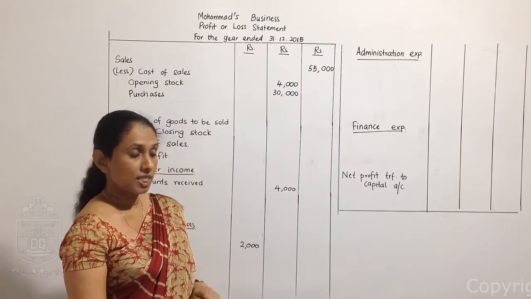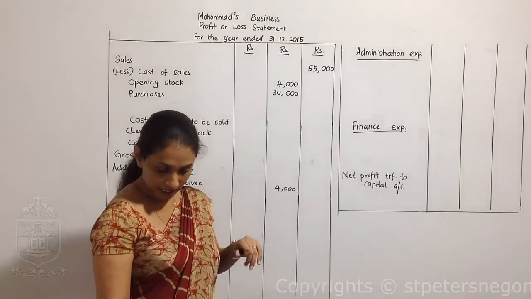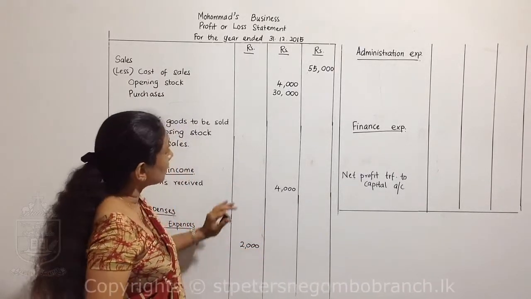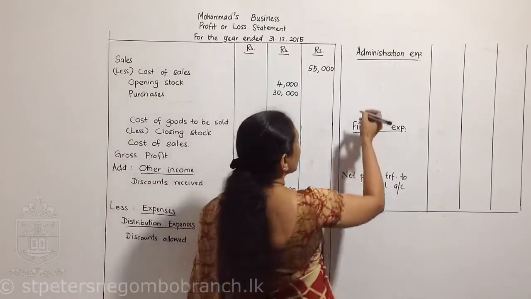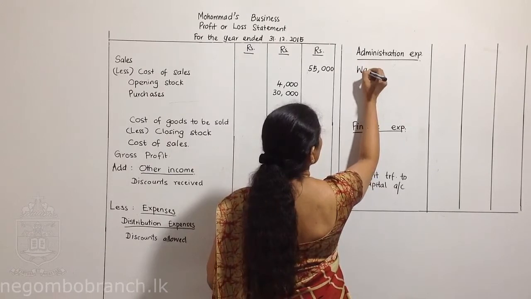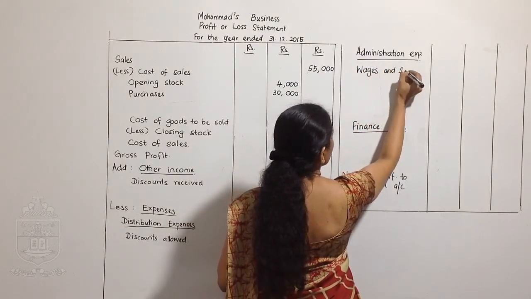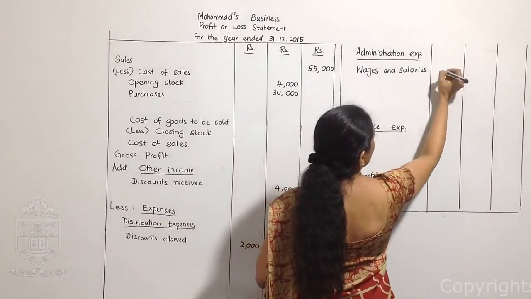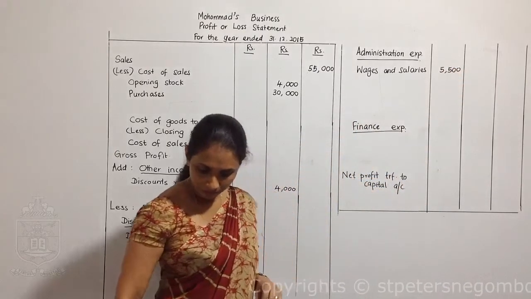Then we have wages and salary. That is usually an administration expense unless otherwise mentioned. So I'll go to the administration expenses section and mention wages and salaries, which is 5,500.